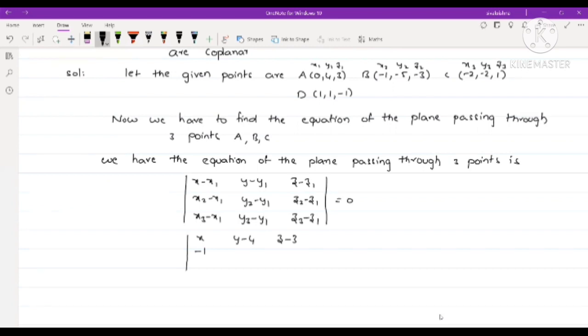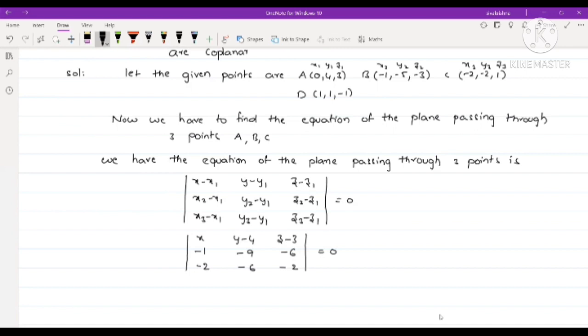Minus 5 minus 4 gives minus 9. Next minus 3 gives minus 6. Next x3 minus x1, minus 2 minus 0 gives minus 2. Minus 2 minus 4 gives minus 6. 1 minus 3 gives minus 2. So this is equal to 0.